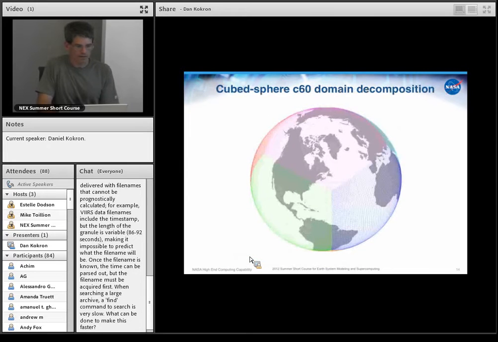It touches the box at the centers of each face, and then the faces of the cube are mapped onto the surface. And this is what you get. The C60 means that there are 60 cells along the side of each face. In principle, this could be run on as few as 6 processes, one face per process.